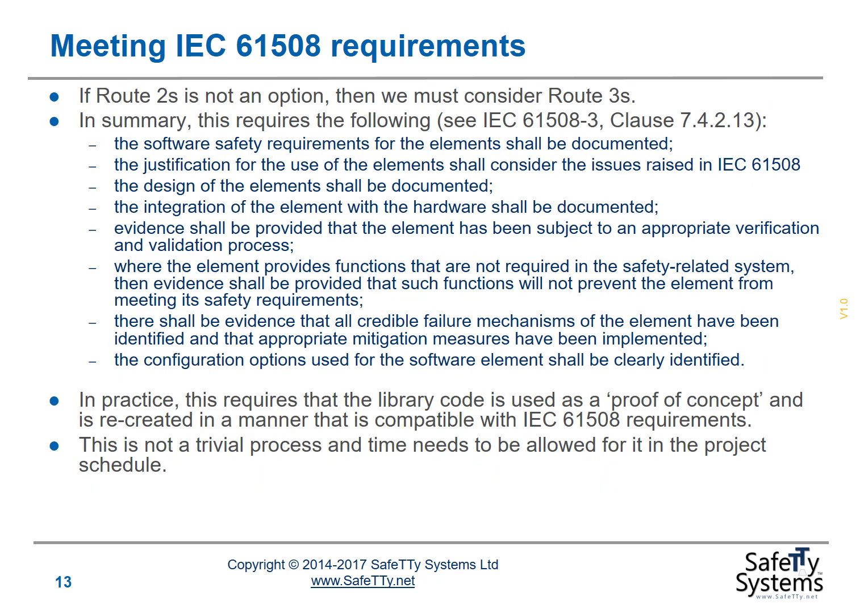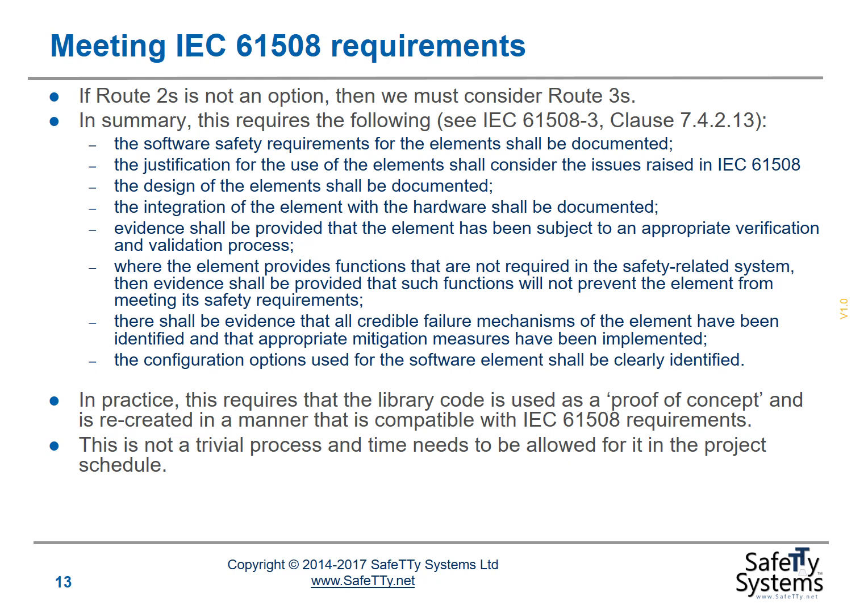If Route 2S is not an option, if claiming that the software is proven in use is not an option, then we need to consider Route 3S. This requires the following, and again this is paraphrased from the relevant parts of IEC 61508. We need to document the software safety requirements.